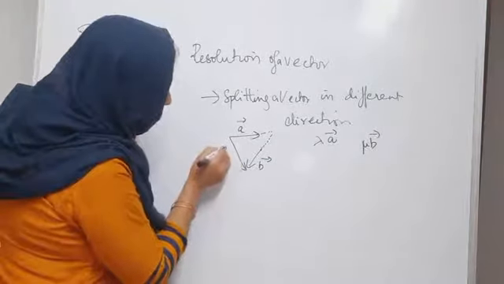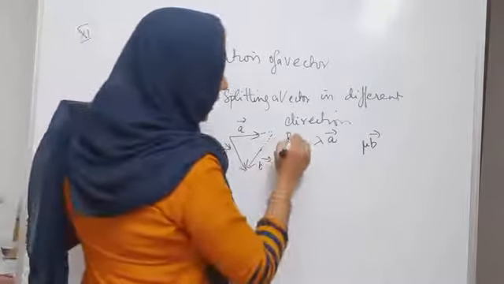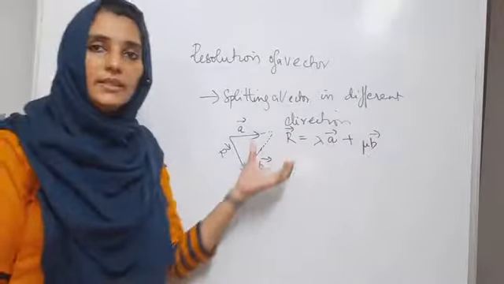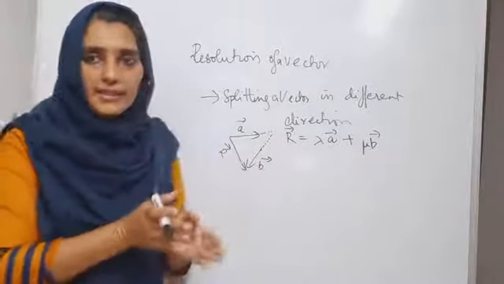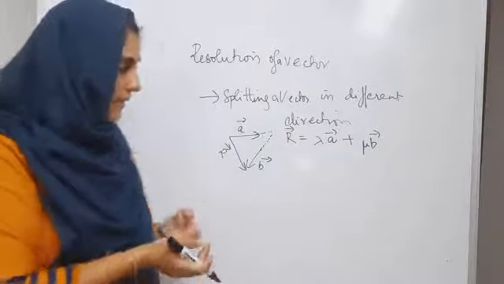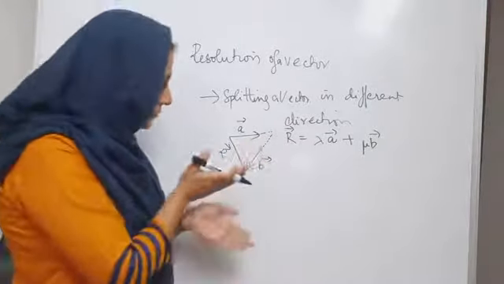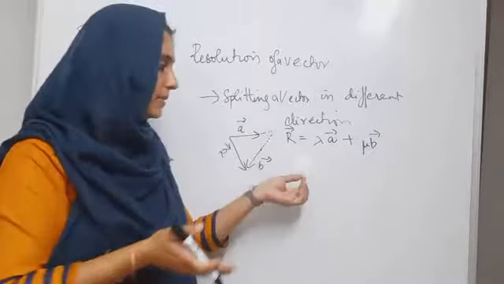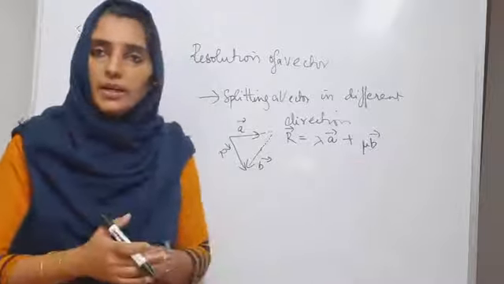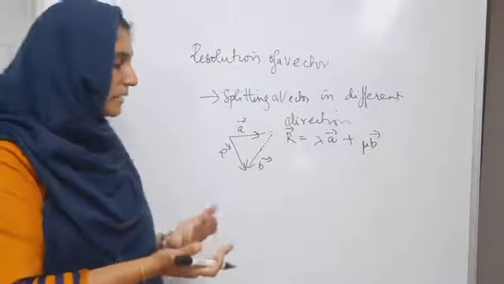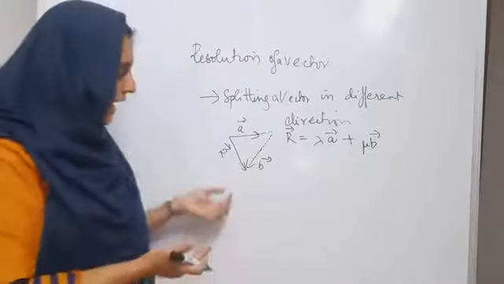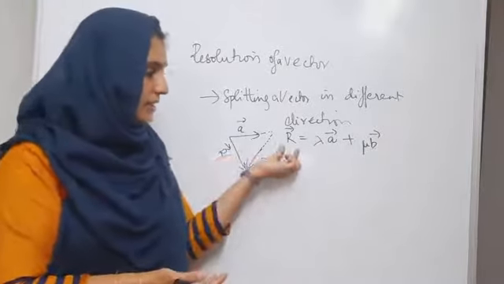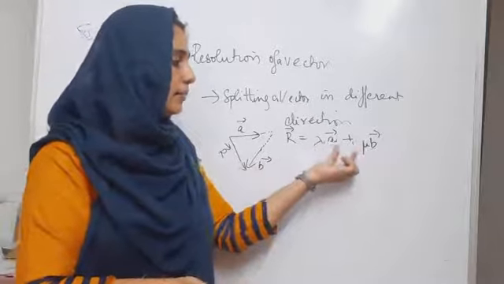So you can represent it as r, and we can write r is equal to lambda A plus mu B. Keeping the vectors as such, I have extended them in the same direction by multiplying with pure numbers, lambda and mu, and represented the resultant, which is in the third direction, as r is equal to lambda A plus mu B.